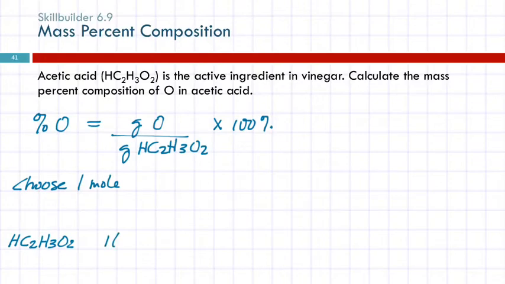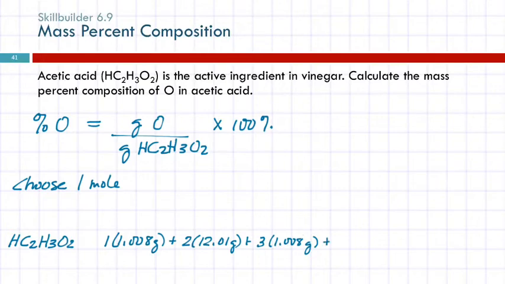So we've got 1 mole of hydrogen, and we have 2 moles of carbon. And then there's another 3 moles of hydrogen. You can combine those together and say there's 4 moles of hydrogen, because there are, but you don't have to.